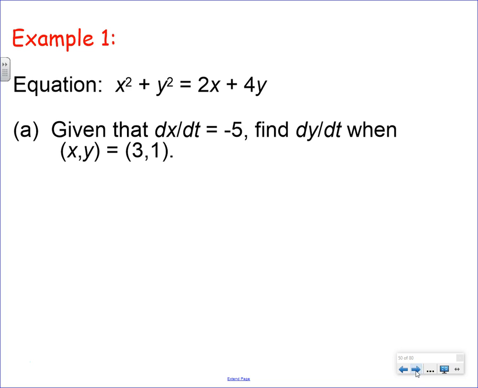Alright. Sometimes the problems are as easy as this one. They give you an equation. What? Don't you have to work for it? They give you an equation and they give you some related rates clues. So what are we going to do if they give us an equation and then say, hey, I'll tell you one of them, can you go find the other one?